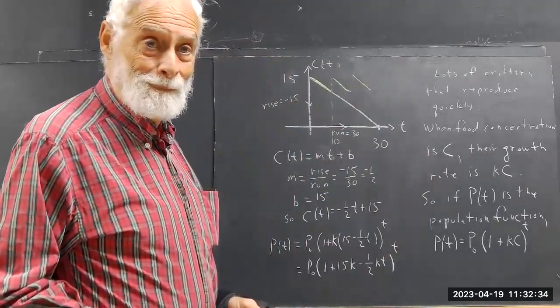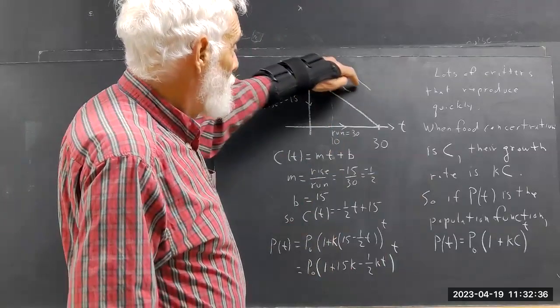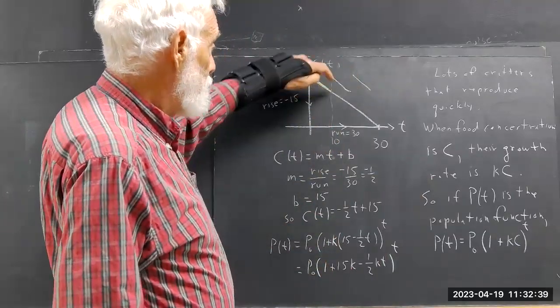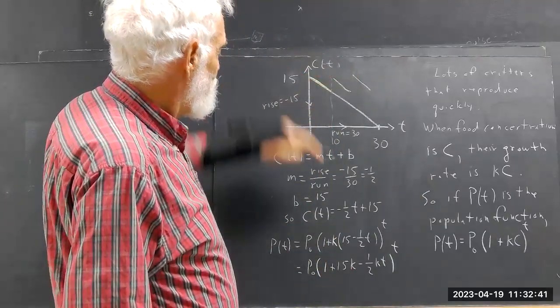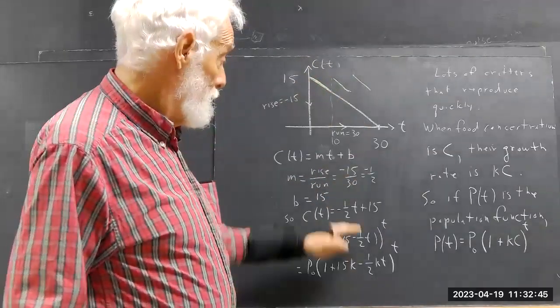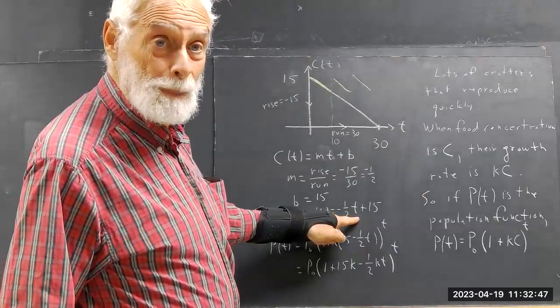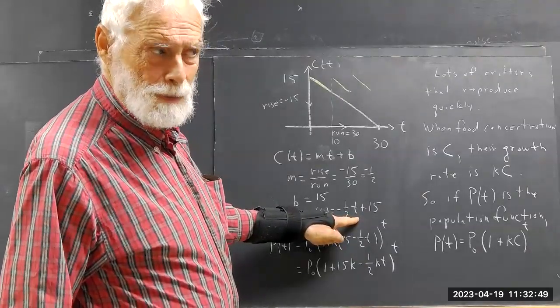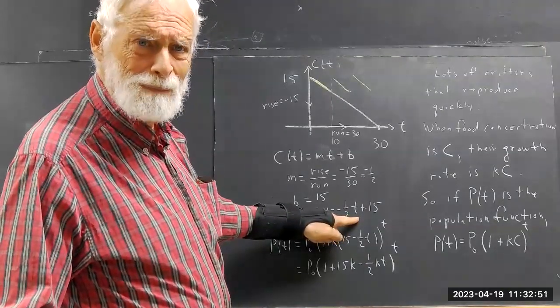Piecewise linear function, and of course, each one of these functions is this one, but translated to the right 10 units, which means we replace T by T minus 10. We talked about those transformations.